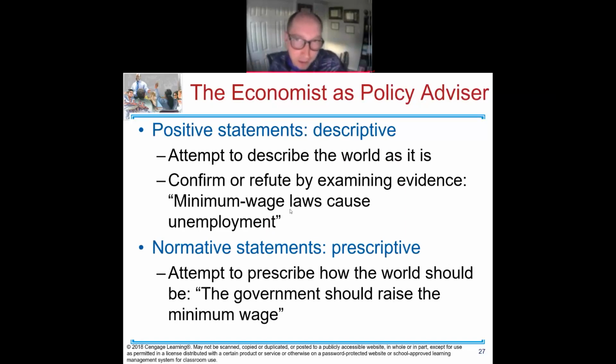Economists serve as policy advisors. They try to describe how the world works as a result of economics. They look at evidence. They look at minimum wage laws, cause and effect on unemployment.